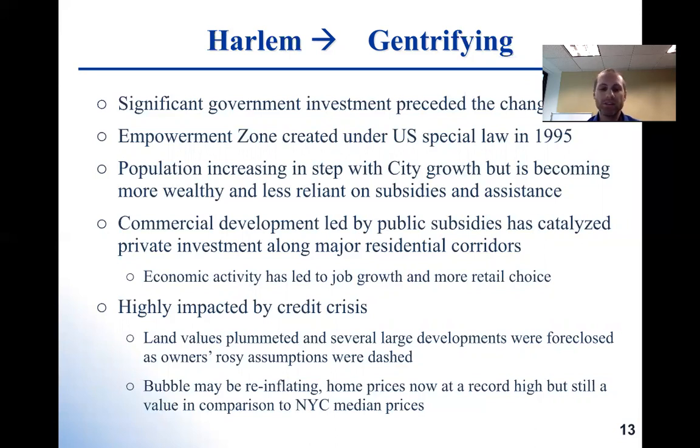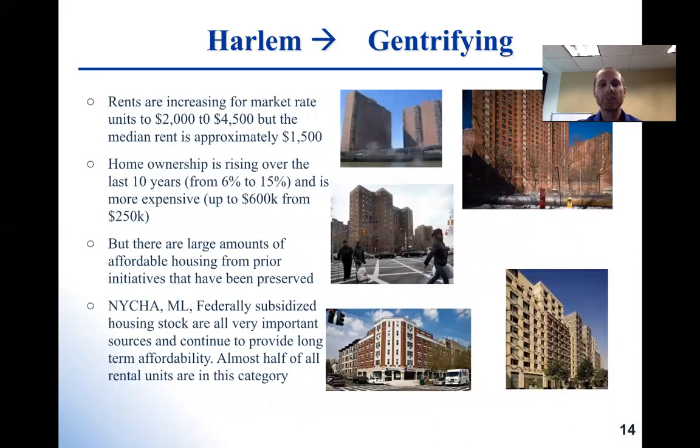At the same time, in the financial crisis, 2007, 2008, this area was hit pretty hard, and the land values plummeted. And there's been, to a certain extent, some recovery of those land prices, but there's still a long way to go relative to the pre-crisis level. And so we can see some of the public housing is still in existence in Harlem, but again, the concern is that there's not enough supply of affordable housing in these areas relative to the share of people who are low income.